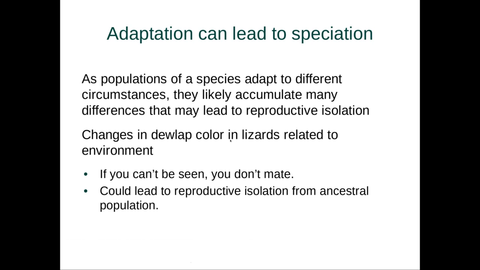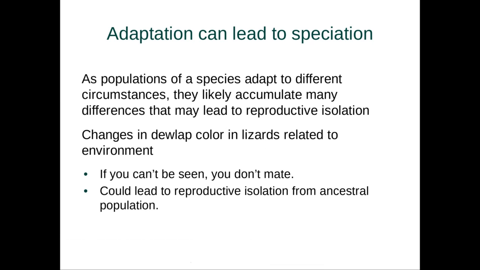An example of this is dewlap color in lizards. Dewlaps are this long skin that lizards have on their throat. They essentially extend them and retract them in mating courtships. Just as a note, that's how dewlaps work. It's not the most exciting courtship, but that's just how lizards attract mates. Now, dewlap color in lizards helps them be recognized by members of their own species.